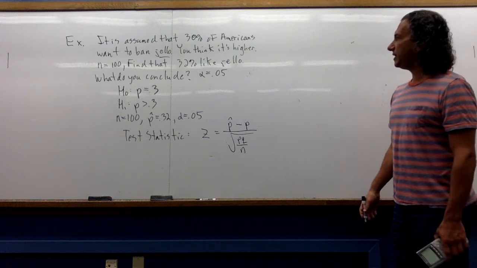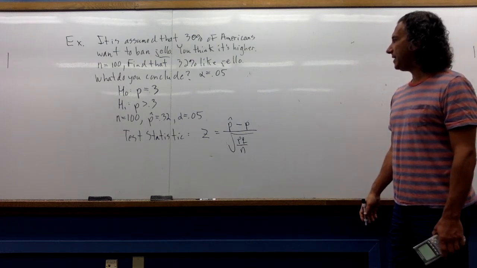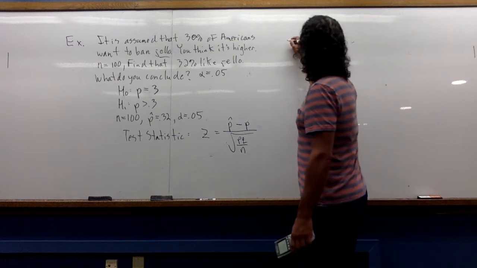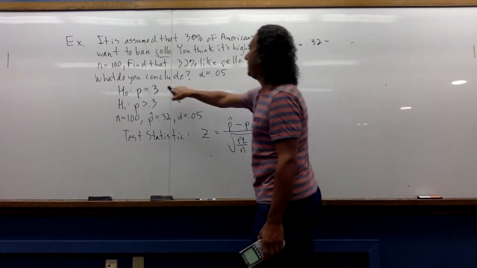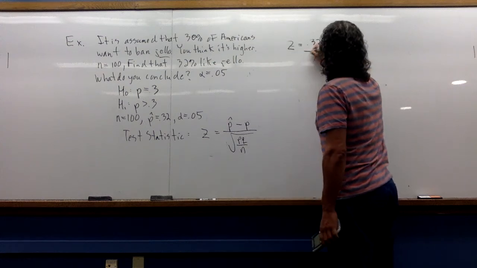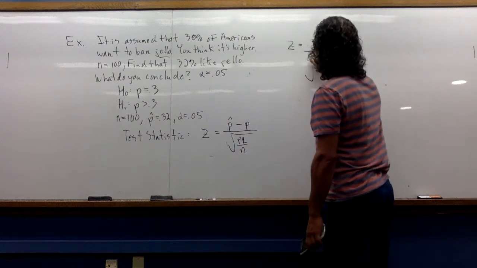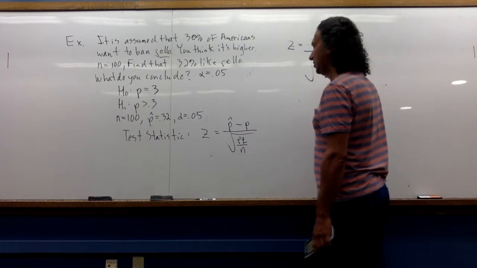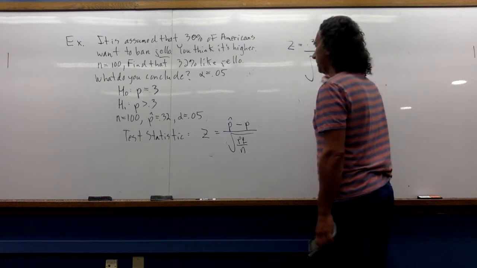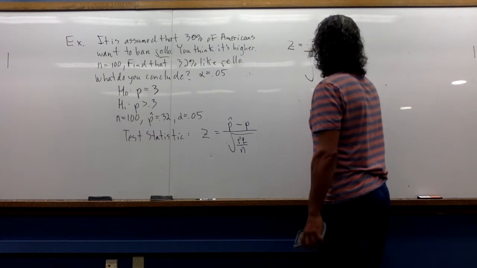Okay, so let's compute this. P hat is 0.32, so our test statistic is going to be 0.32 minus 0.3 divided by the square root of P, which is 0.3, times Q, which is 0.7, over N, which is 100.